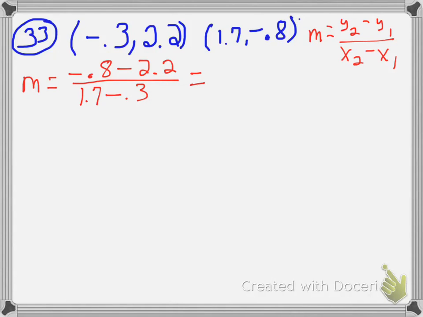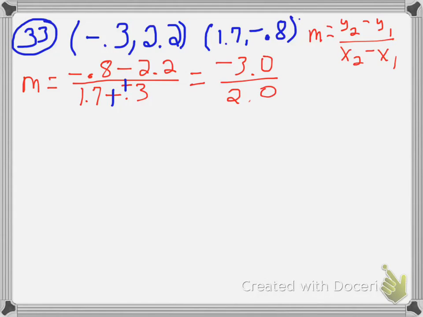Negative 0.8, negative 2.2, those are like signs, so I end up adding, and that gives us a negative 3.0. Divided by 1.7, sorry, that was a negative 0.3. So 1.7 minus a negative 0.3, the minus a negative becomes a plus, so 1.7 plus 0.3, sorry about that, a positive 2.0.